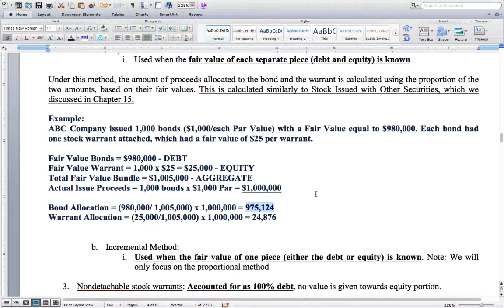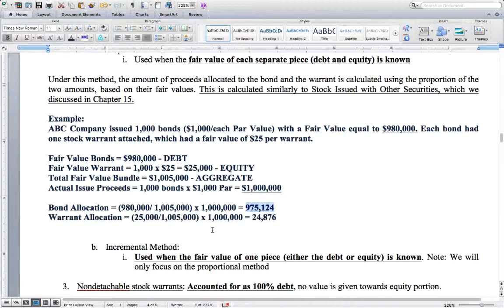So when you record your entry, the debt component would receive that balance. The leftover amount of the actual proceeds allocated to the stock warrants is $24,876, and you can see the calculation is very similar to what we just did with the bonds.